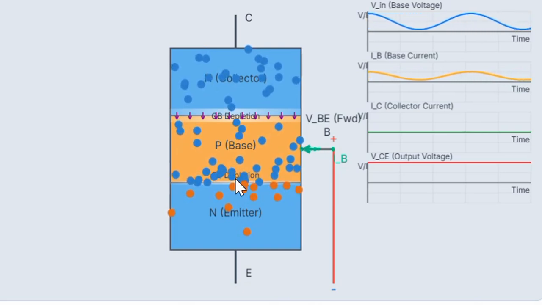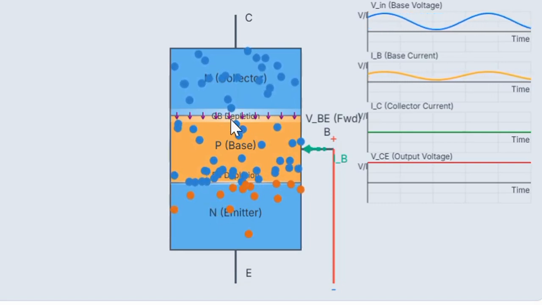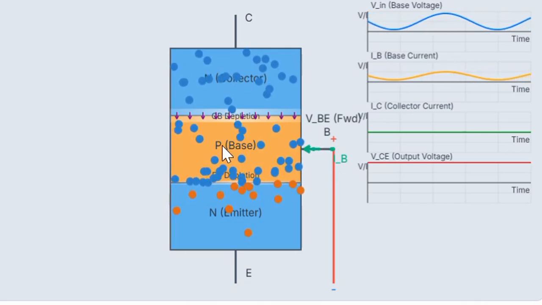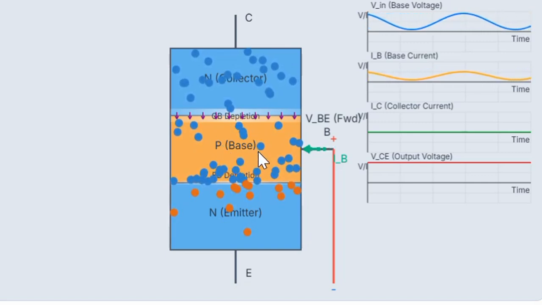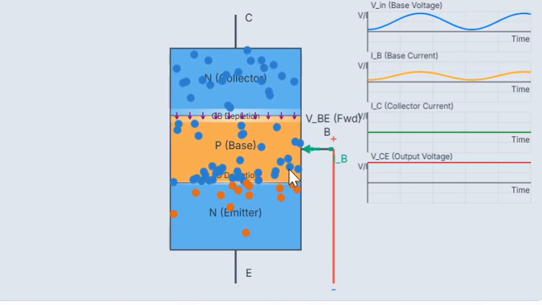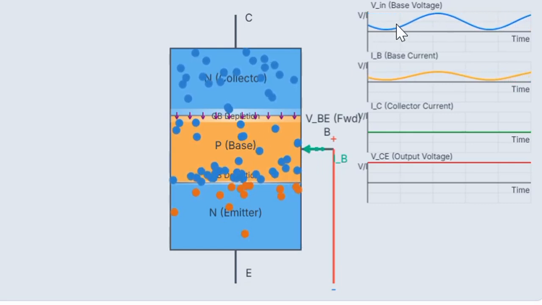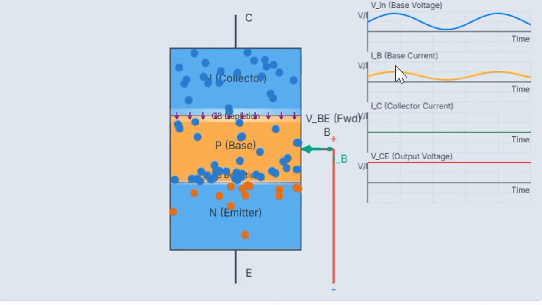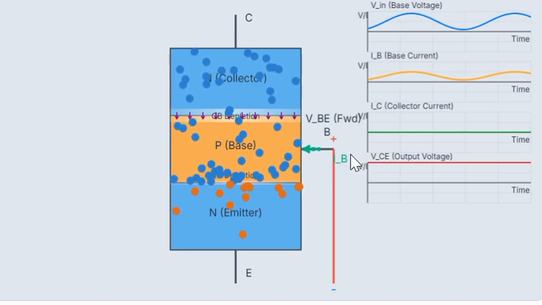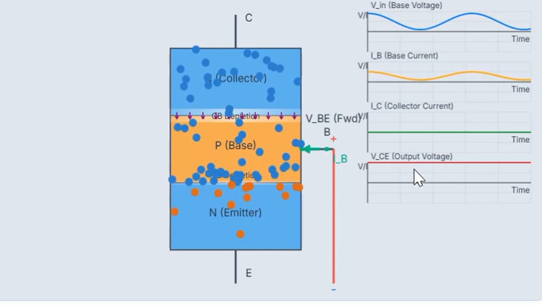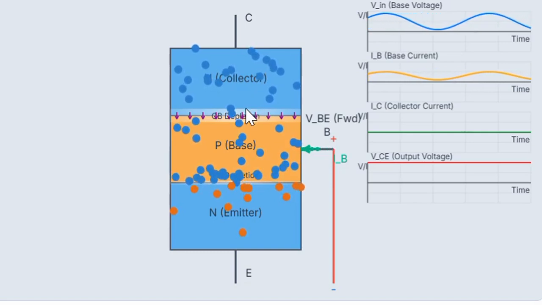The forward base current IB is there, and holes from the base are also injected into the emitter region, contributing through the recombination process. Now you can see in the graph the base current versus voltage, but still nothing has changed in voltage. So this is the mechanism. Now come to the next point.